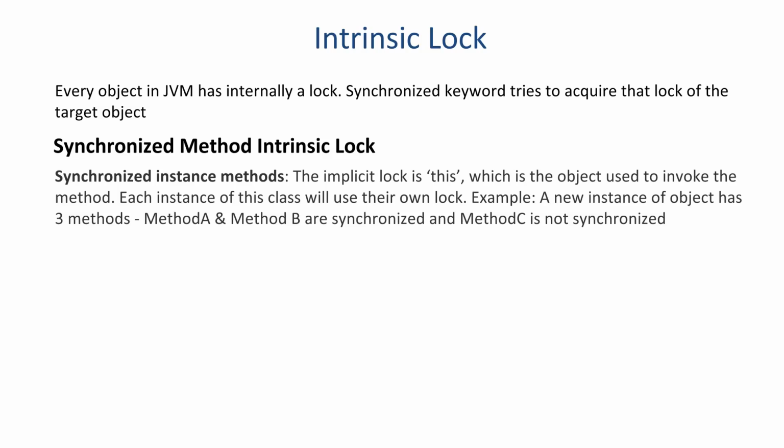So the first thread gets the lock on this and continues executing method A, and the second thread doesn't require a lock on method C, so it continues executing method C. But now if we have two threads trying to access method A and method B, then they cannot, because in this case the first thread got the lock on this object, which is the instance of that class.